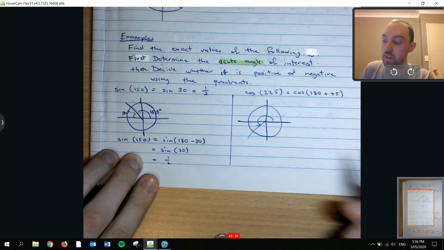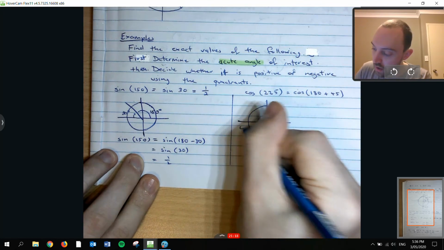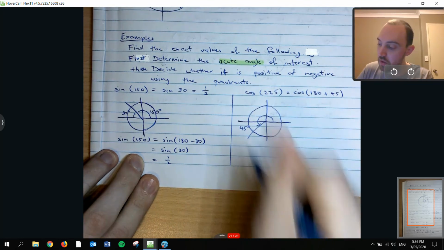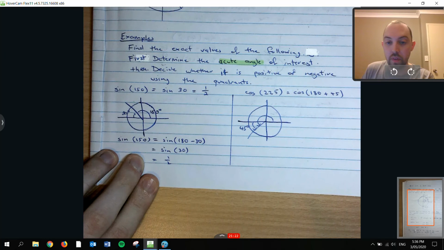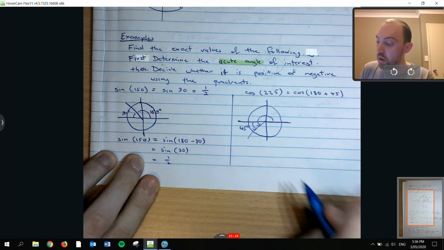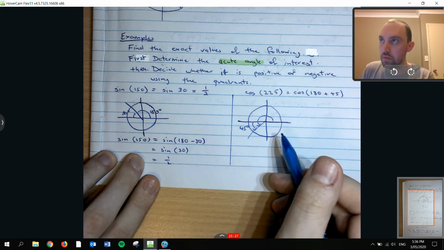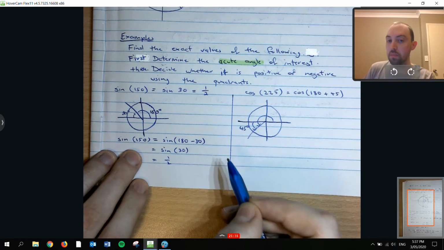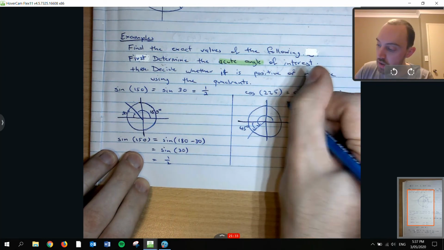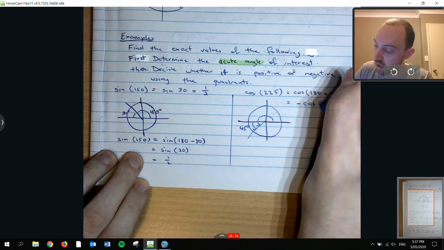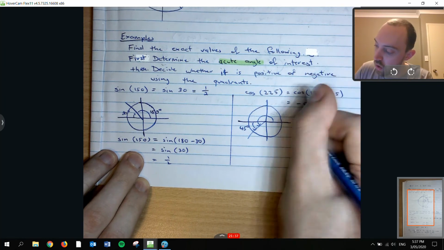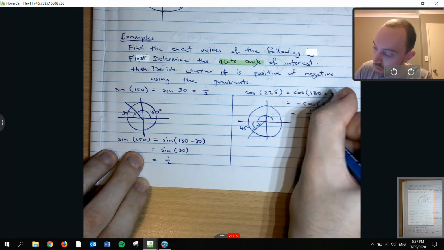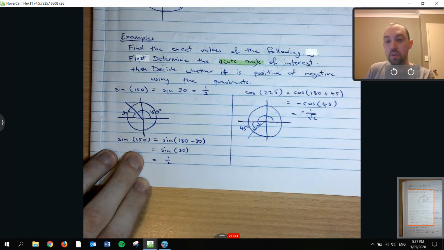We could do it with the trig identity, or we could recognize that 45 degrees is in here. So we're thinking about cos of 45, but because it is in the third quadrant, the only one that's positive is tan, so this is the same as negative cos of 45, or 1 on root 2 with the negative.